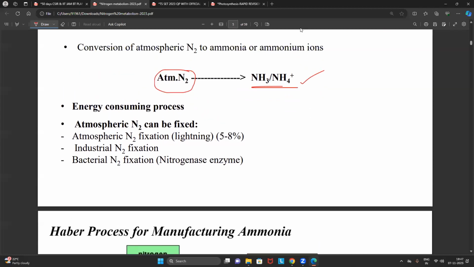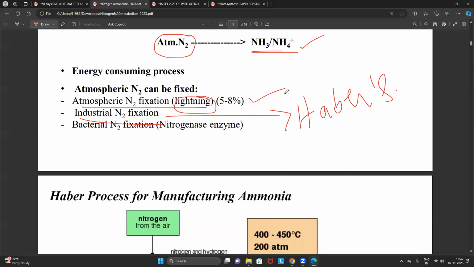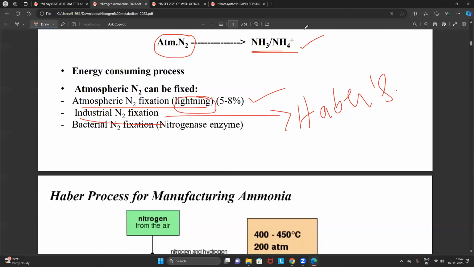Every student knows that we can fix nitrogen industrially also. We all studied in +2 the Haber's process. We also fix atmospheric nitrogen by natural lightning, as you saw in the question, but that is just 5 to 8% only. But friends, we need not focus on atmospheric nitrogen fixation or industrial fixation.